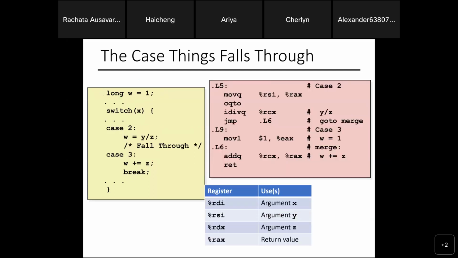So if you look at the code here, the same code that you saw in the other table earlier, if x is 2, this is the division. So you do y over c, then you jump to this line, and you add w equals w plus c. So that's when x is 2. If x is 3, you first do w equal 1 here, followed by w equal to w plus c.